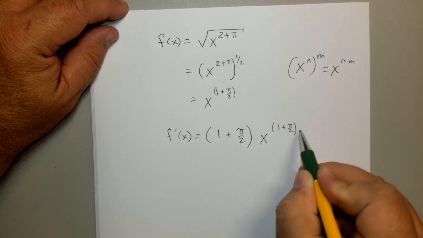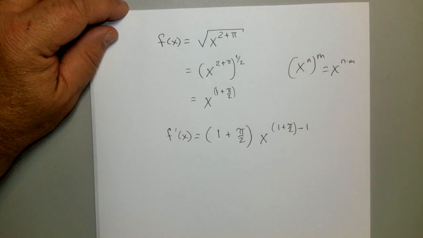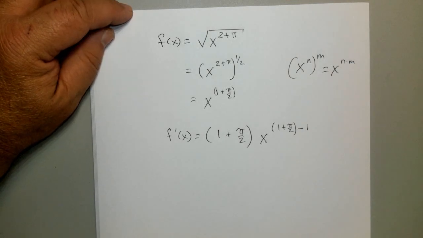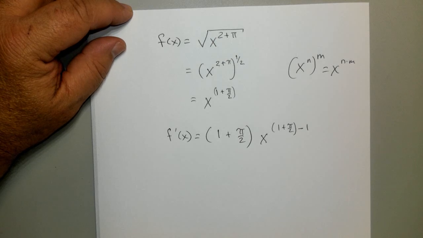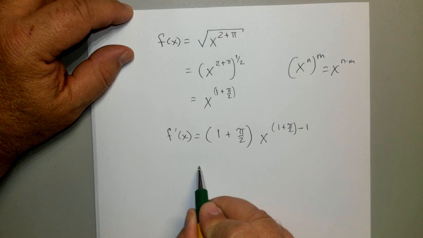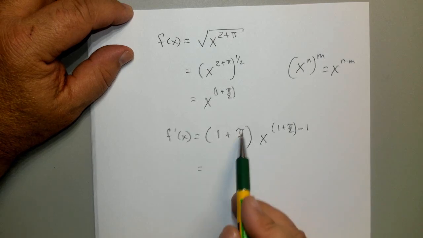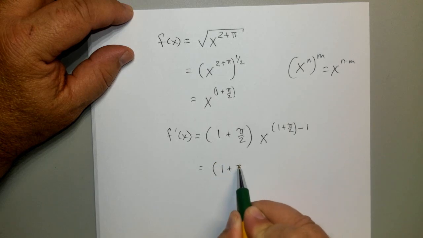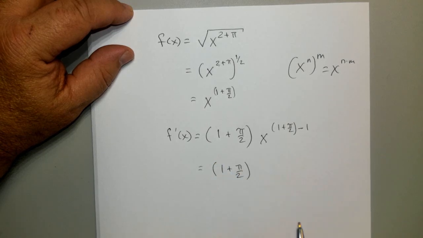It's pi over 2, subtract 1 from it. We can't do anything with the coefficient now, so leave it as 1 plus pi over 2.